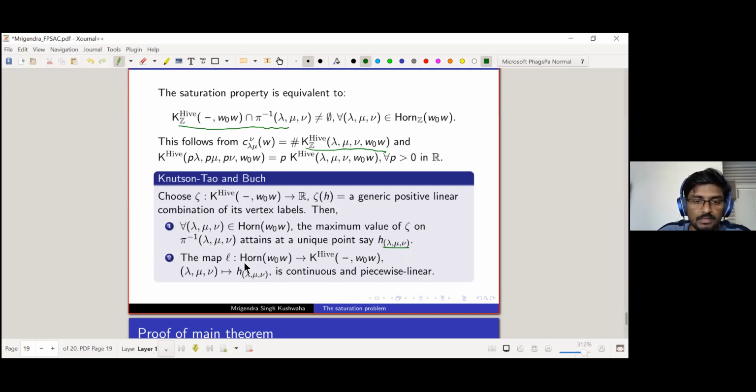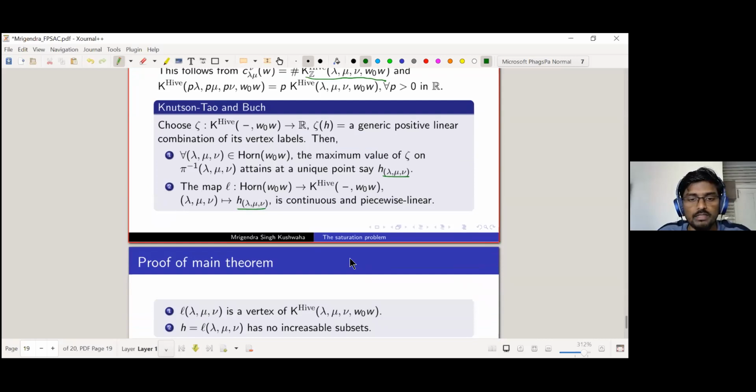Then we can define a map from Horn W not W to this hive, sending lambda mu nu to H lambda mu nu, the point where xi attains its unique maximum on pi inverse lambda mu nu. This map will be continuous and piecewise linear.